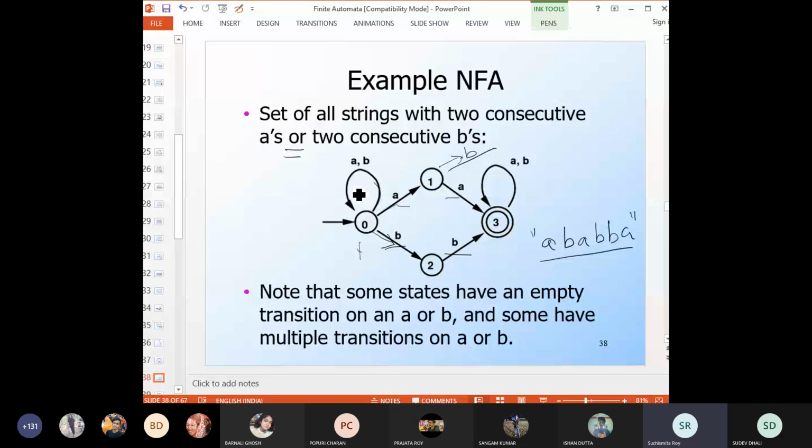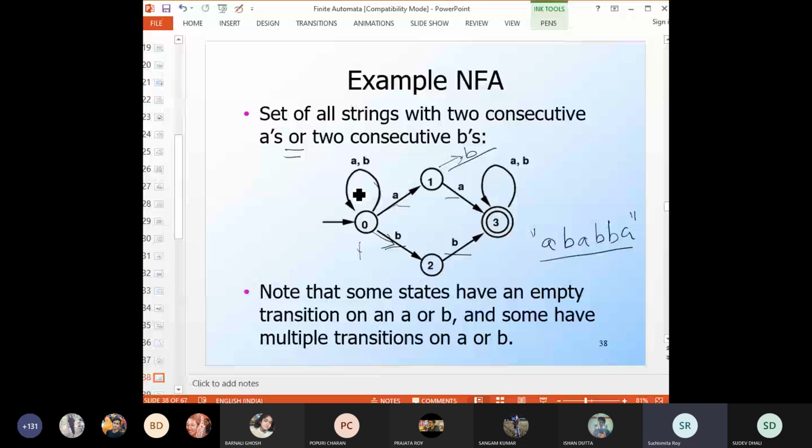Deterministic. Certainly. If you are asked to implement something, to check for something, you would always hope that the finite automata which you are given, the checker, is a deterministic one. From an implementation point of view, please note that we always want a deterministic finite automata.